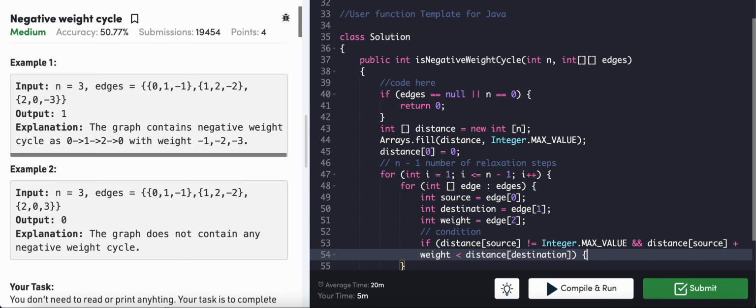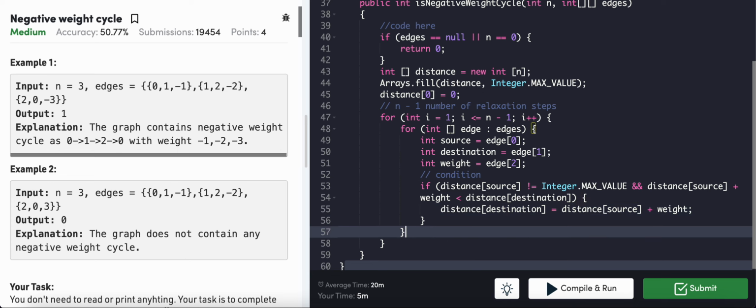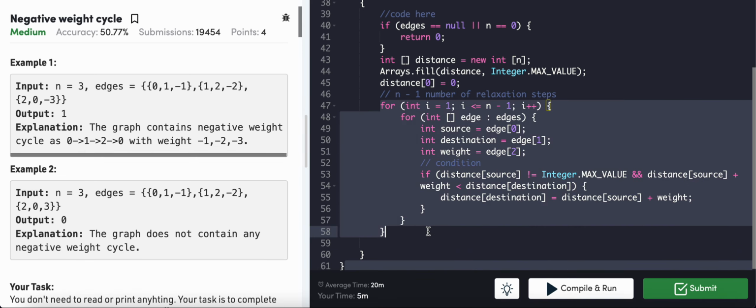If such a condition becomes true, then we will update the distance of destination to be equal to distance of source plus weight. And this step goes for n minus 1 number of times.